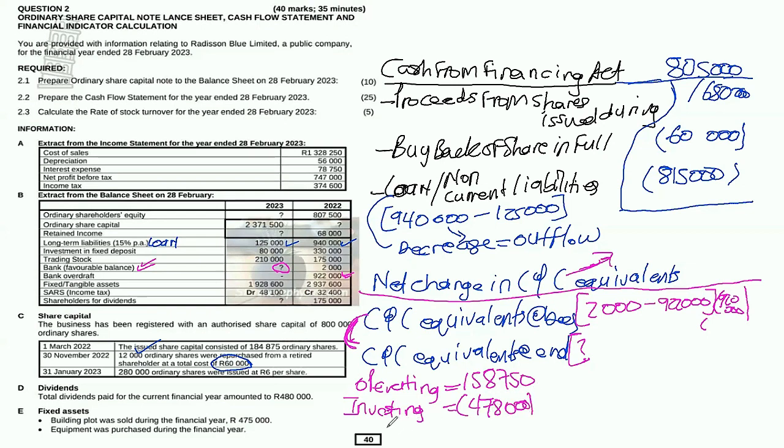Then our last activity, which is the financing activity, we had an amount of 805,000. So you will take this, you subtract this, and then you add that.